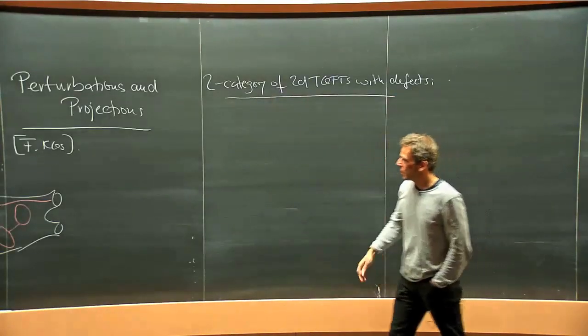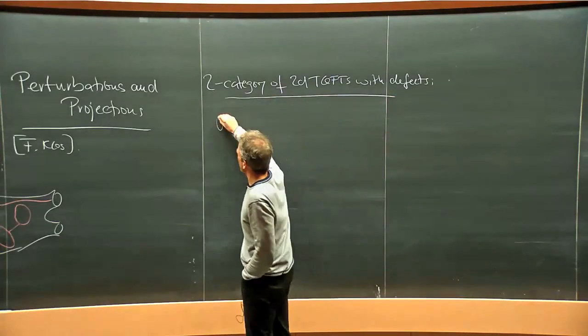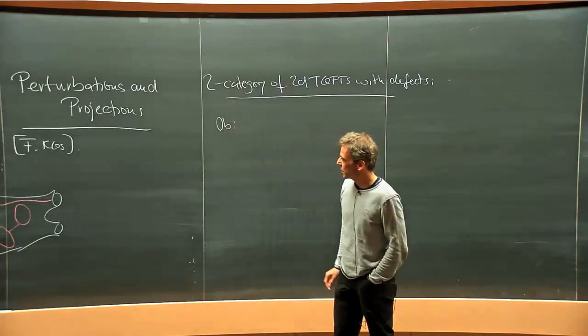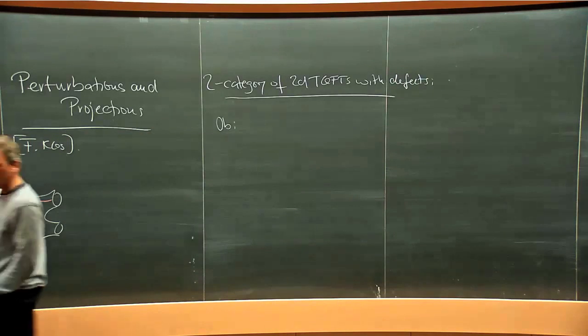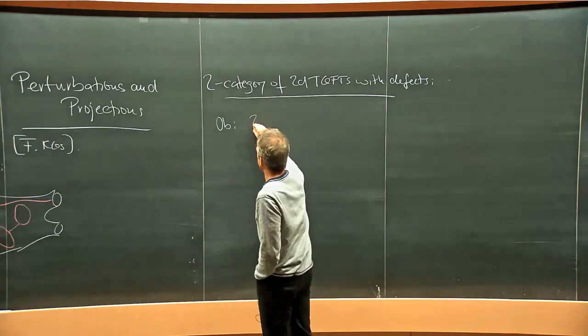Okay, how is this built up? Well, the objects in these two categories are just all the possible functors of the unenriched categories here, so all possible 2D TQFTs.